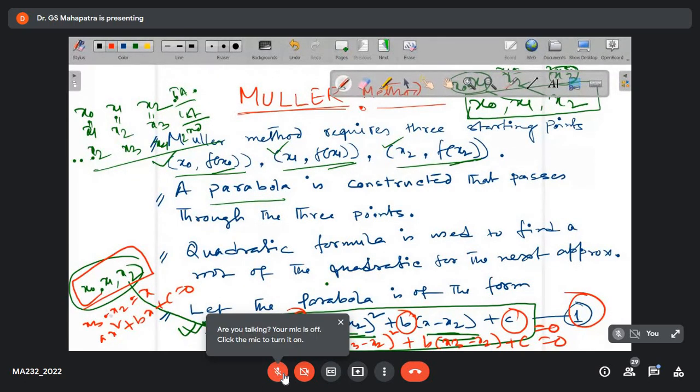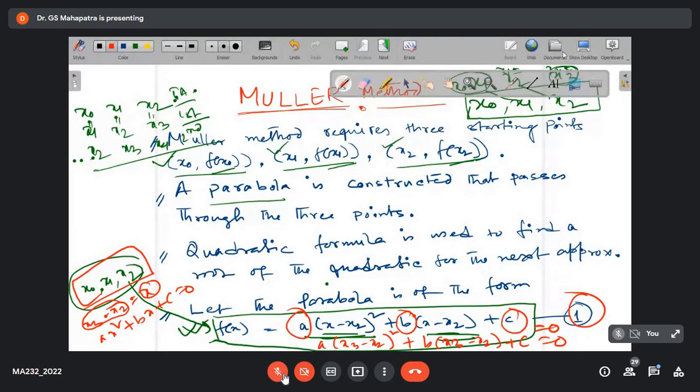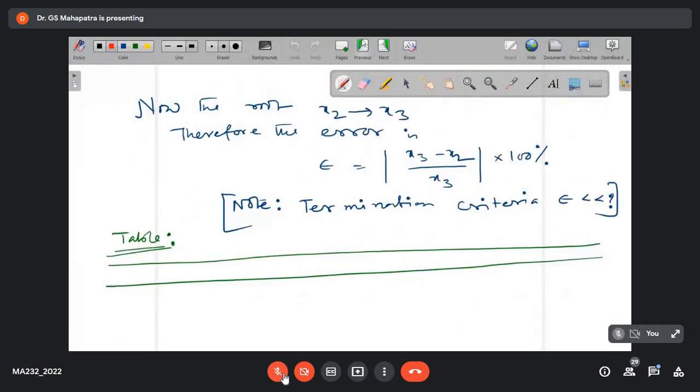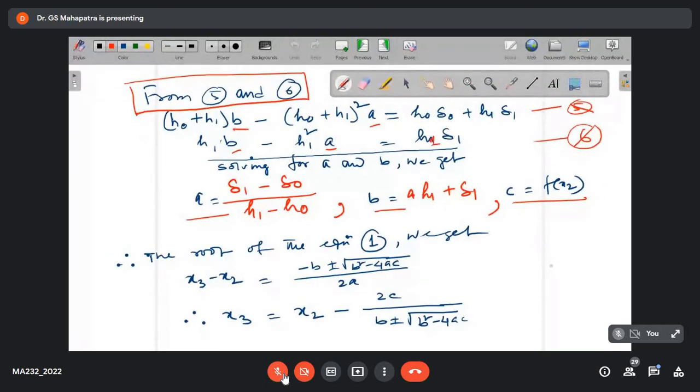So for solving X, that means for solving x3 minus x2, I will write this one there itself. The new equation is a times (x minus x2) squared plus b times (x minus x2) plus c equals 0. This is the equation, correct? So now let x3 be the root.